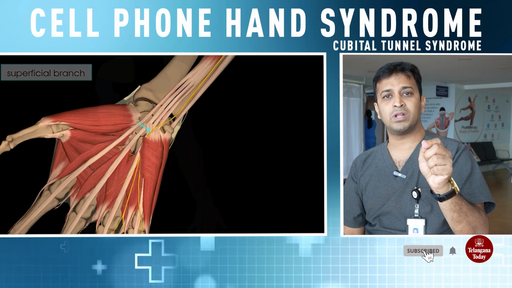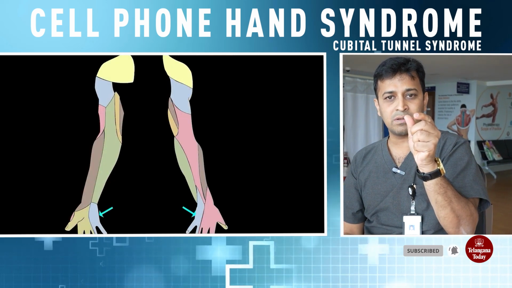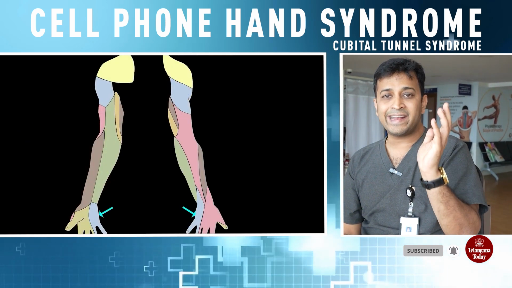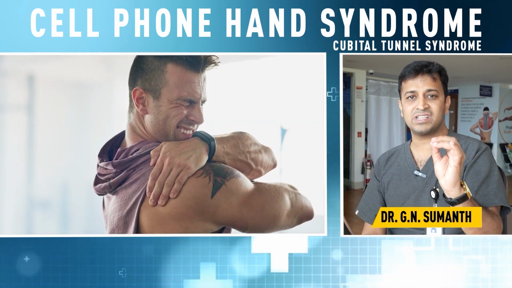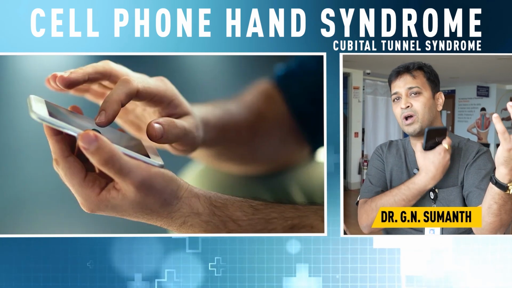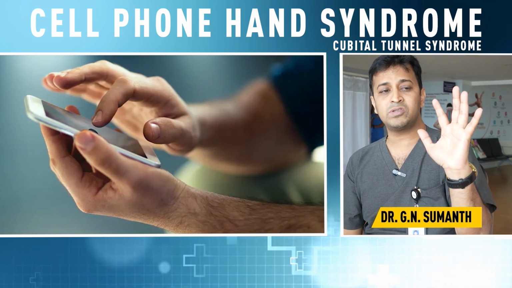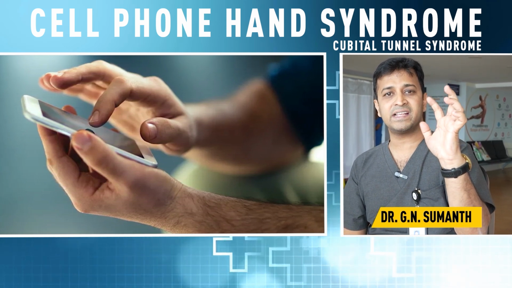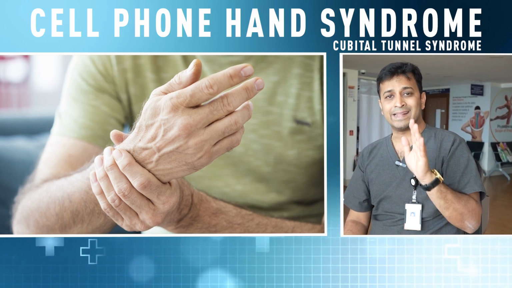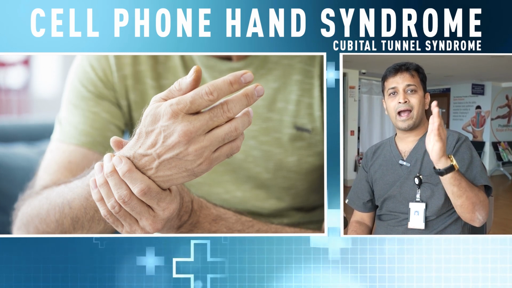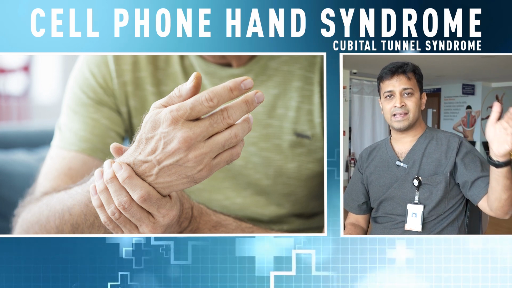When the blood supply to the nerve decreases, the nerve starts becoming swollen and it causes pain, tingling, pins and needles sensations, and aching pains over your hand. Sometimes you can feel weakness in your hand muscles. These should be identified as early as possible.